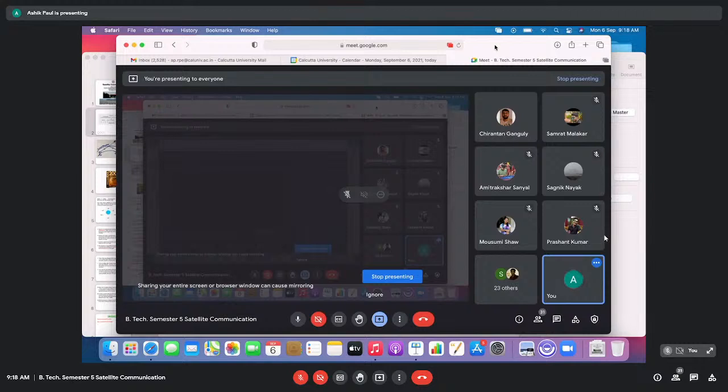30 gigahertz. Prashant Kumar, can you please tell me whether this value is correct or not? Sir, I am calculating. Yeah, please calculate and tell me.